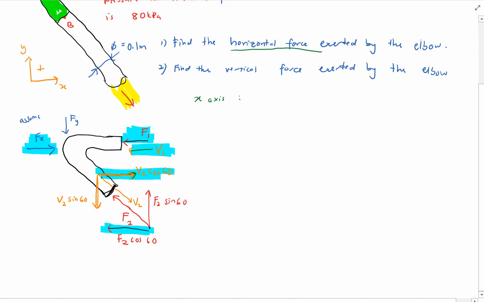Now we build the force balance equation. Fx here is going to your right hand side, and we have defined anything going to the right hand side becomes positive. So positive Fx. Okay, next, second one. This force is going to your left hand side.